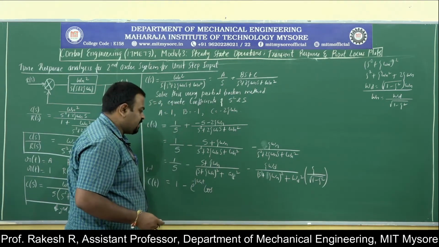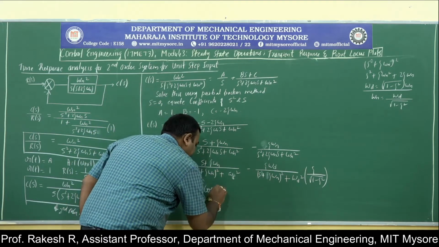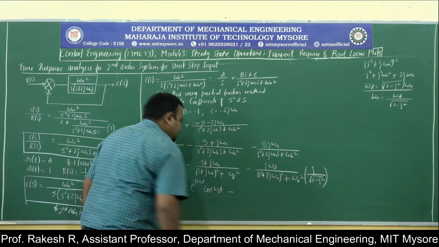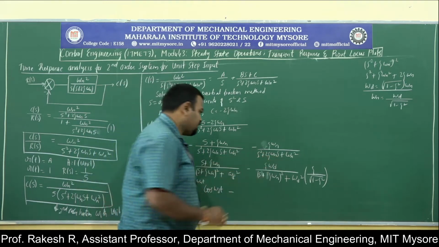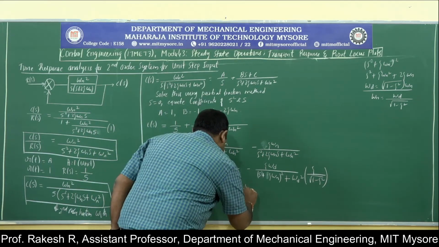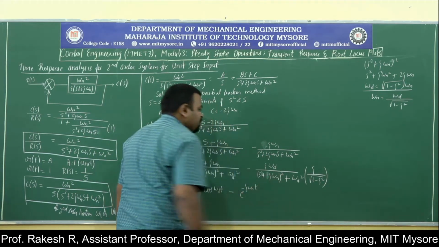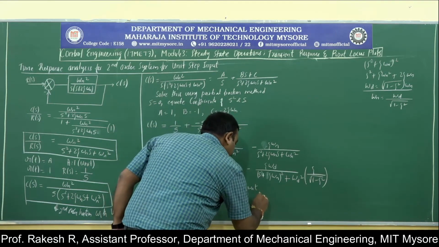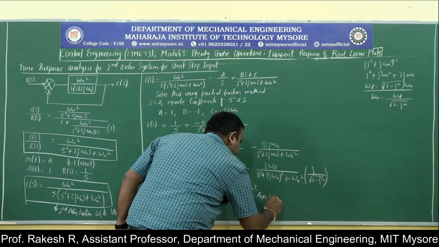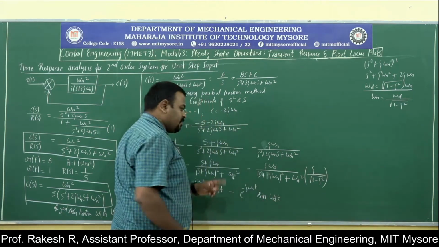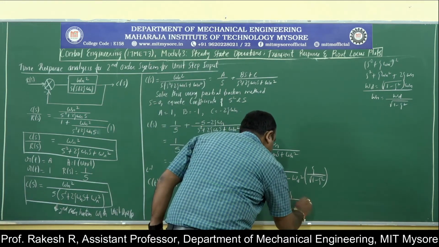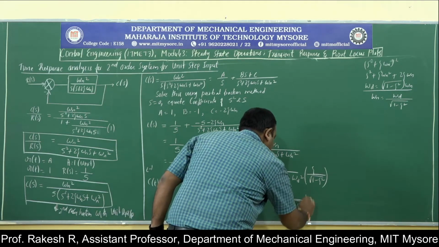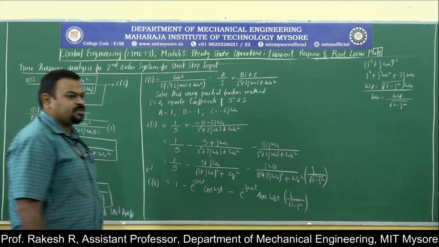What is a here? Omega d t. Minus the same expression e to the power of minus zeta omega n t into sine omega d t with this term zeta divided by square root of 1 minus zeta square.